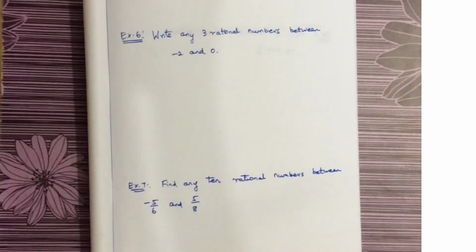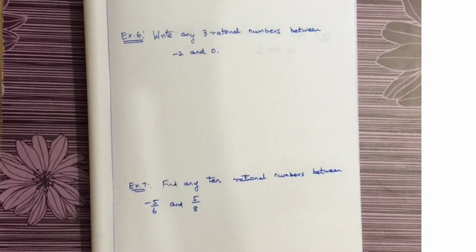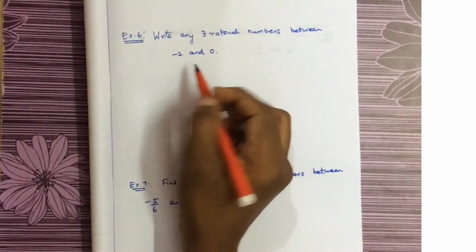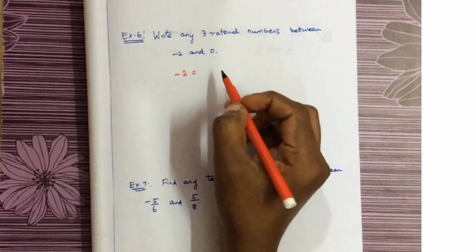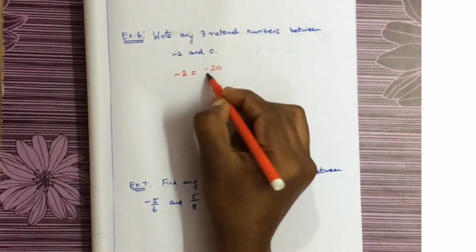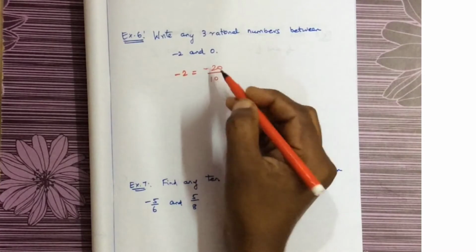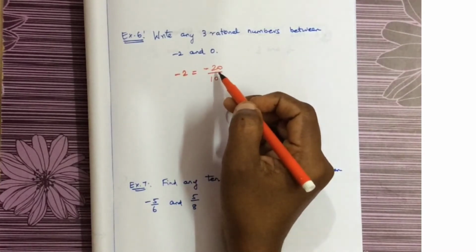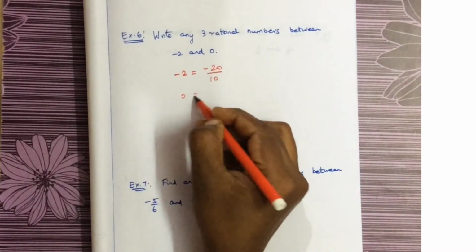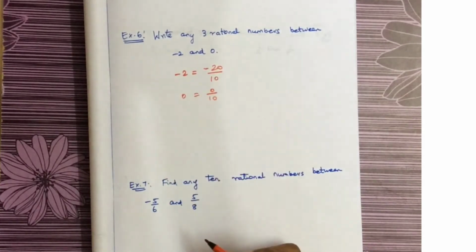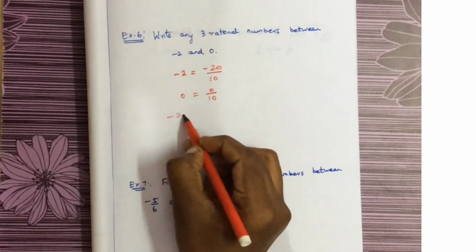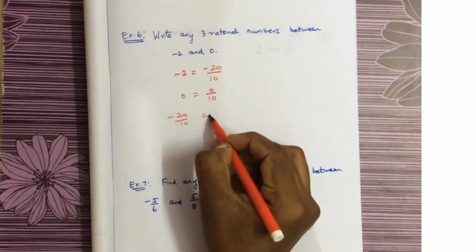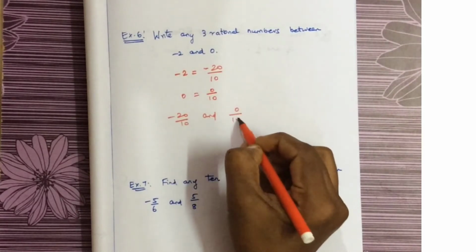Okay. So the next problem we are going to solve is: write any three rational numbers between minus 2 and 0. So minus 2 can be represented as minus 20 by 10. This 0 will get cancelled, and the answer is 2. So 0 can be represented as 0 by 10. So you have to write anything between minus 20 by 10 and 0 by 10.